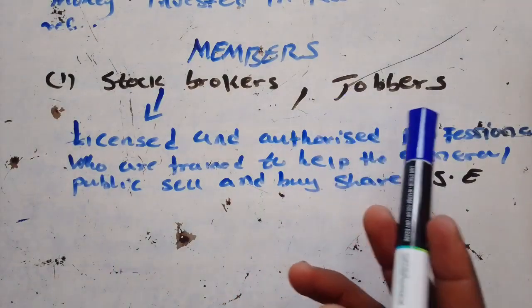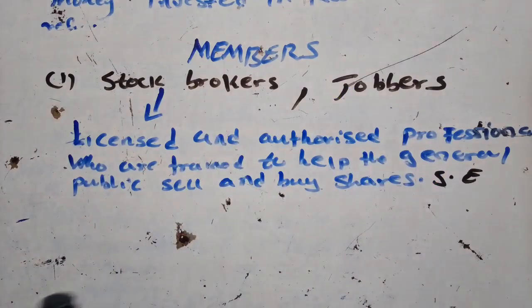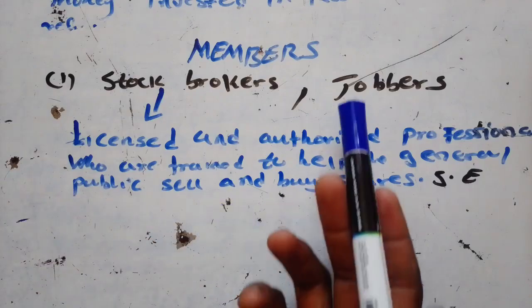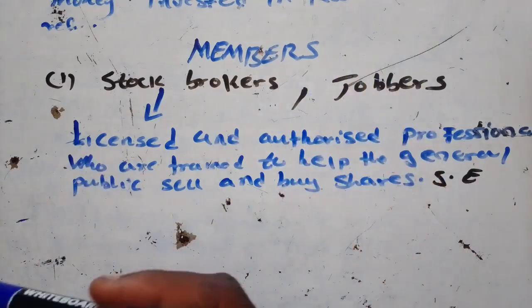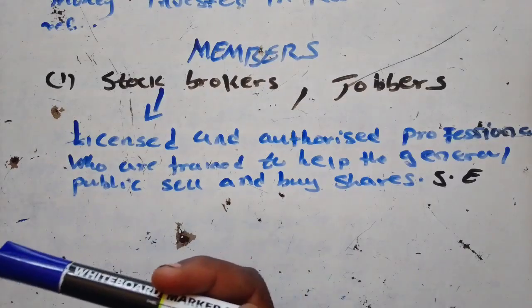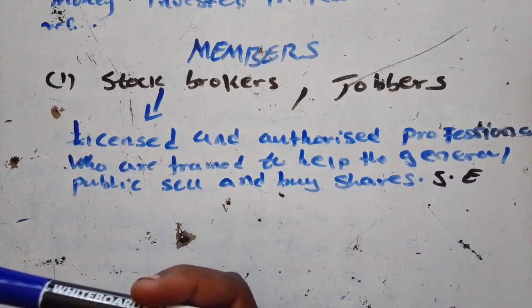Okay, so let's now talk about the jobbers. Who are the jobbers? The jobbers are simply dealers who buy and sell shares for themselves to make profit. They do this in order to make profit.